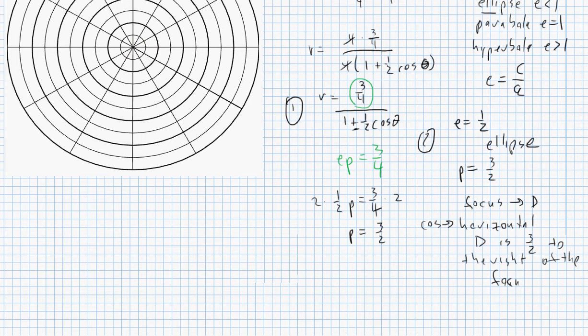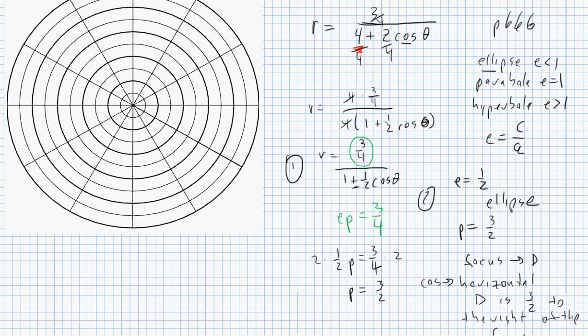And we can put some of that information on our polar graph now. So this point right here is the focal point, or one of the focal points of the ellipse. The directrix is 1.5 units to the right, according to P. So that's 1, so about here.